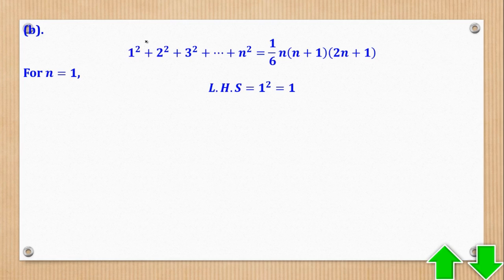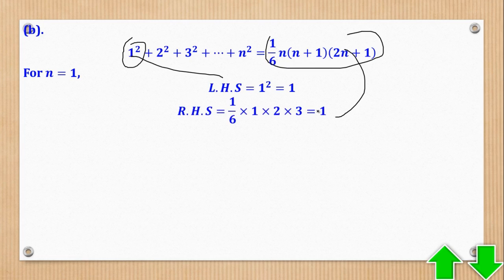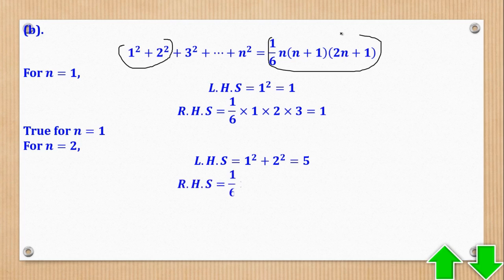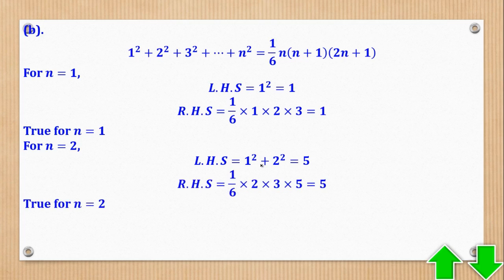So n equal to 1, it means first term for the left hand side, and substitute 1 where there is n in the right hand side. So they are equal, meaning it's true for n equal to 1. N equal to 2 means 2 terms for the left hand side, which gives you 5, and for the right hand side where there is n, substitute 2 to give you 5. So it is true for n equal to 2.